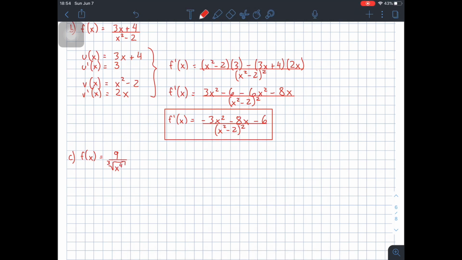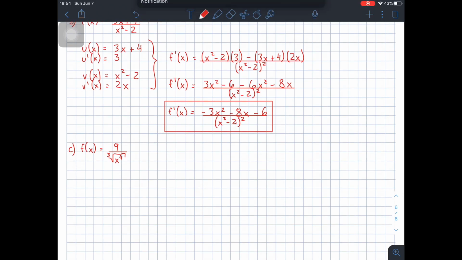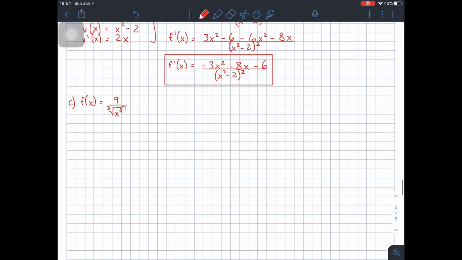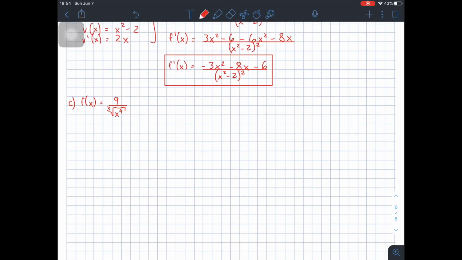In this example, we could solve it using the quotient rule, but it will be easier in this case to work it with the power rule. If we turn this into an exponential fraction and then take it to the numerator, it would be much easier to work with the power rule.